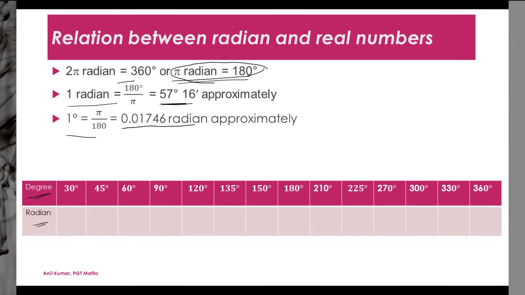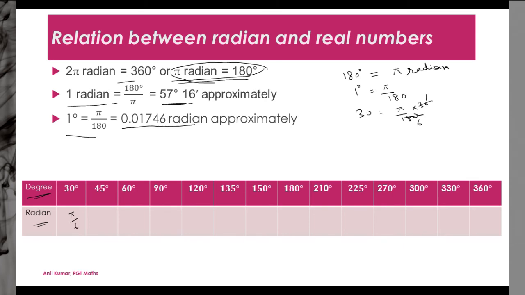How will we convert? First 30 degree. As we know, 180 degree is equal to pi radian. So 1 degree will be pi by 180 radian and 30 degree will become pi by 180 into 30, that is pi by 6.